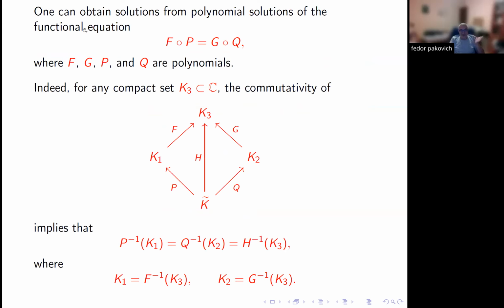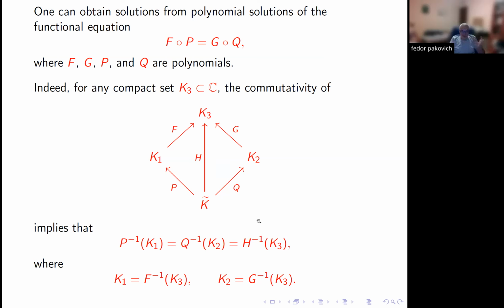Okay, let's assume that we have some polynomials satisfying this functional equation. Then we have a kind of commutative diagram, and it's easy to see that if we now take any compact set K3, we can go back in this way, or we can go back in this way. Obviously, if we take K1 the preimage of K3 under F, and K2 the preimage of K3 under G, we are done, we obtain this condition.